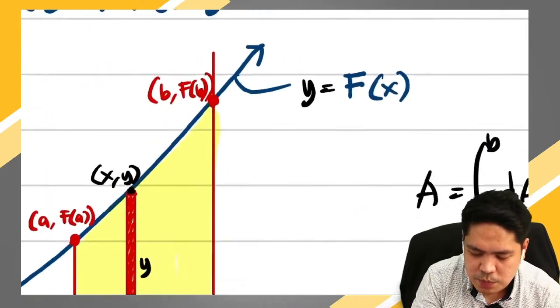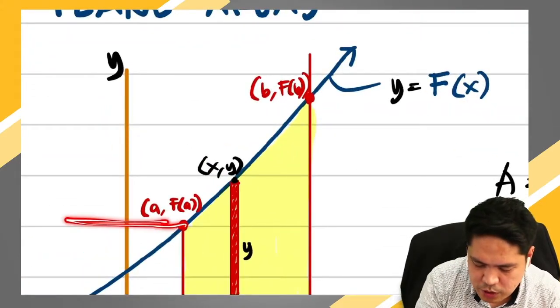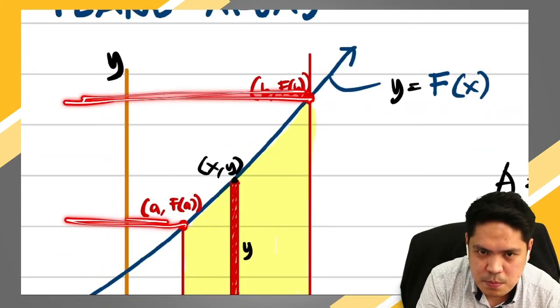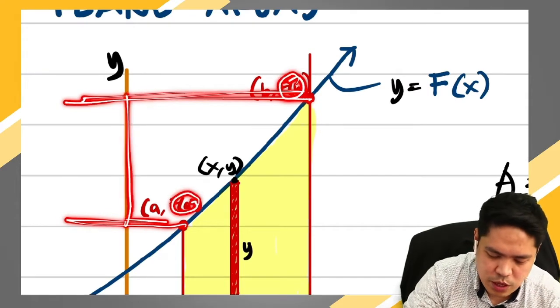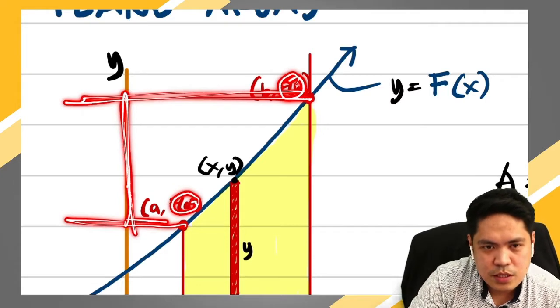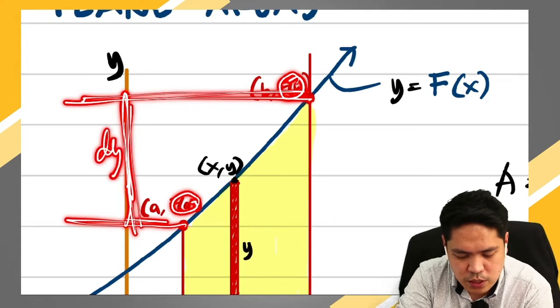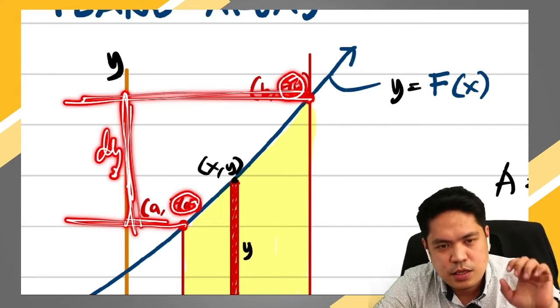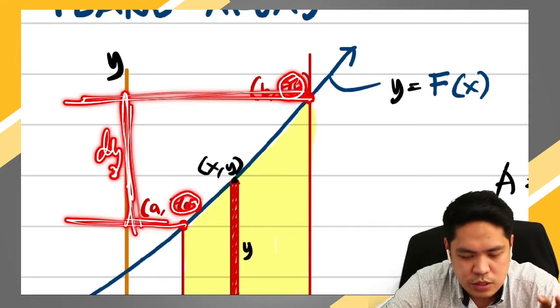So, what upper and lower limits will we use? From here to here. Anyone? So, our limits are from f of a to f of b because the movement of our strips is along the y-axis. So, if along the y-axis, that would be dy, the differential thickness, and the movement is along the y-axis. So, we will use the ordinates.